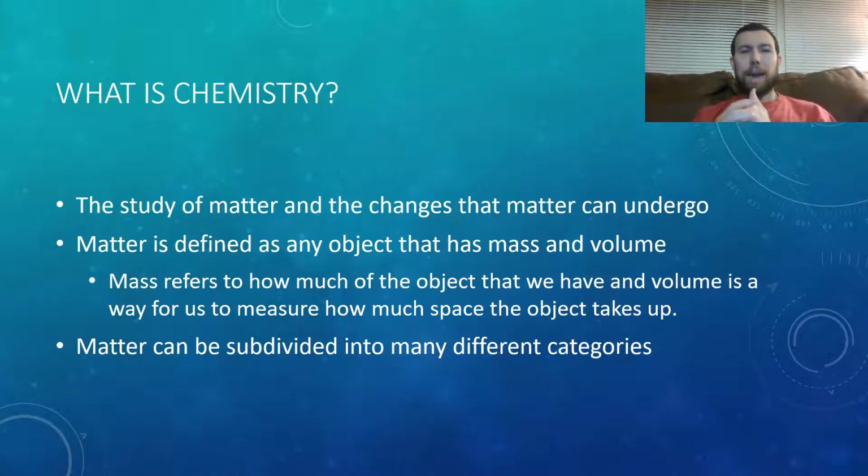Now, I want you to think of mass. This is referring to how much of the object that we have. So, for example, when you put an object on a scale, you can measure its mass. That's that component that we're looking at. And its volume. And so volume is a way for us to measure how much space an object will take up.